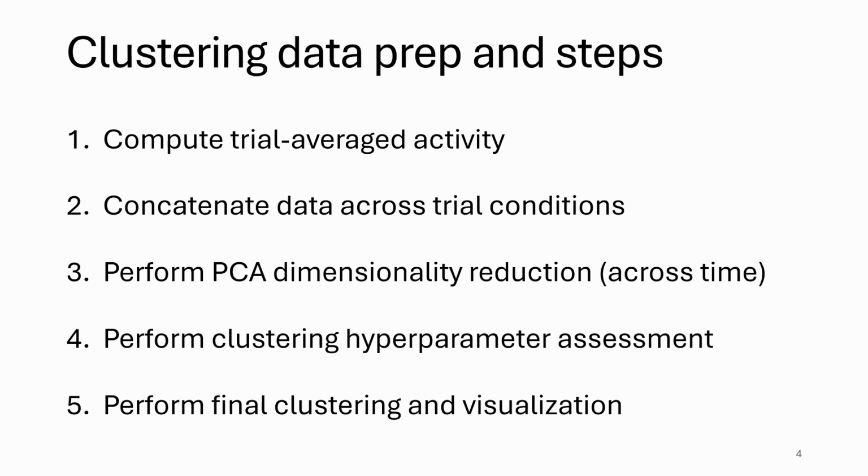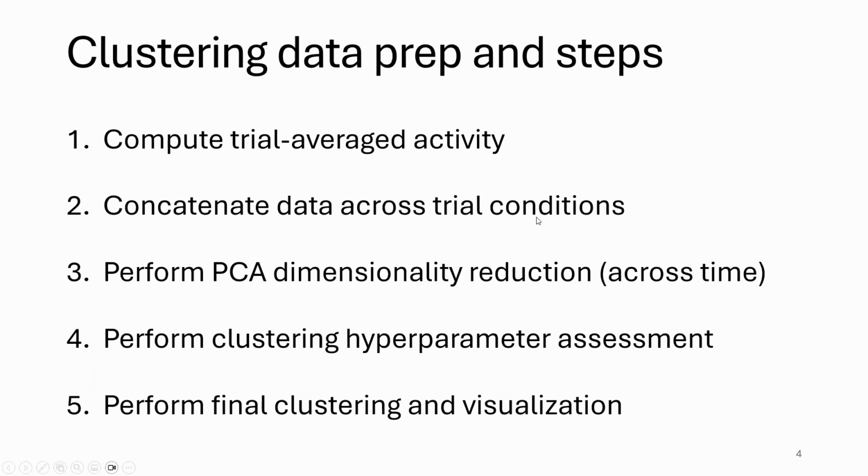So we're simplifying by averaging across trials. If you're interested in the evolution of activity across trials, there are other algorithms you can use to cluster based on that more multi-dimensional data.